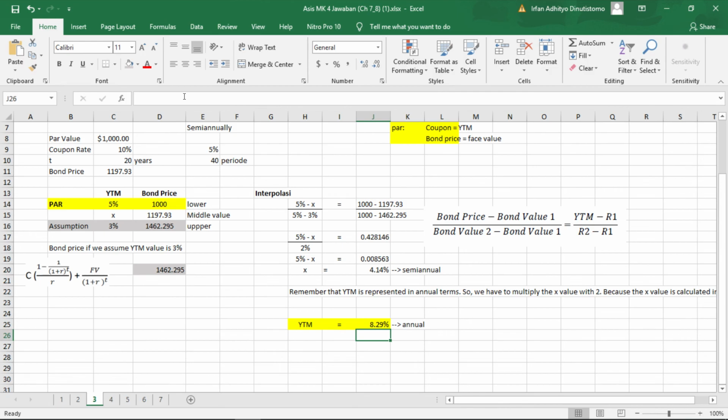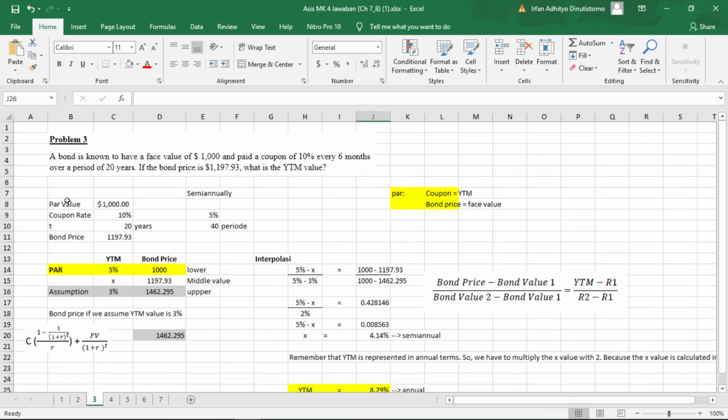I know it's a bit lengthy, but please don't be discouraged by the length of the video, because if it's easier for you to study with your tutor privately, please do so, especially about the interpolation, because it's very hard to explain using a video, using online tools.